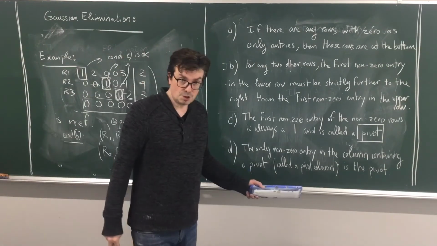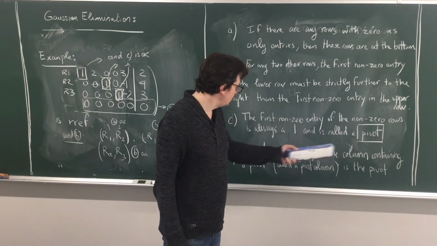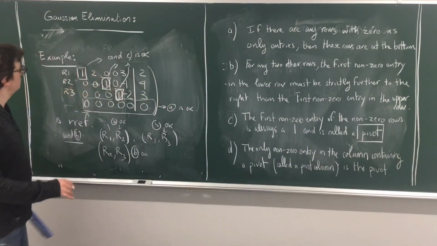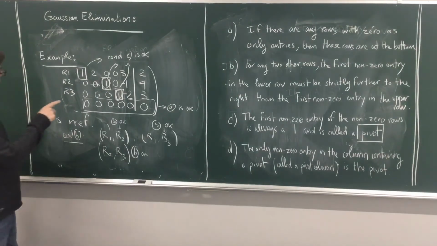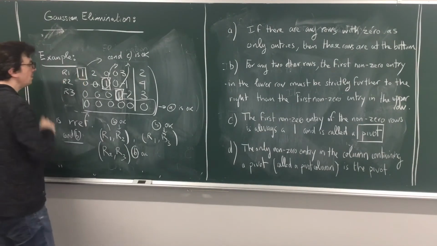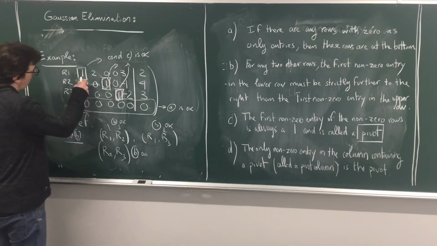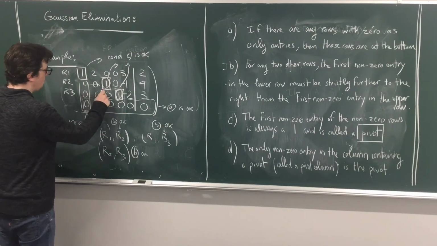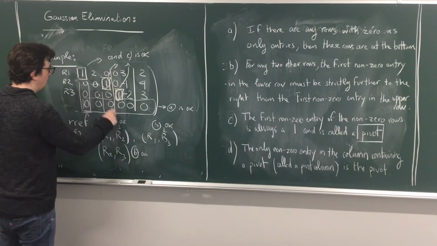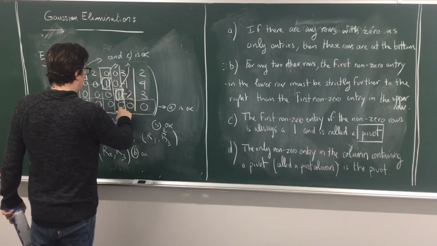Finally, the last condition: the only non-zero entry in the column containing a pivot. Remember, these special entries are the first non-zero entries of each row. They are called pivots, and they are equal to 1. Now, what is a pivot column? This will be pivot column 1, this will be pivot column 2, and finally, this will be pivot column 3.